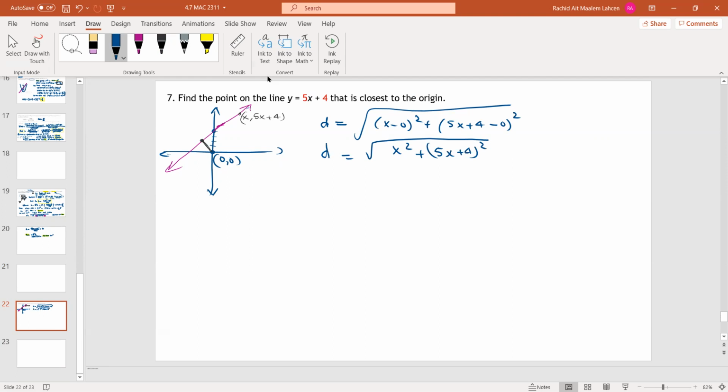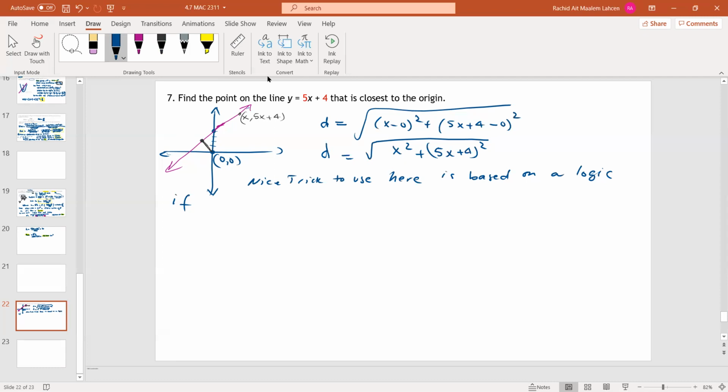One nice trick to use here is based on a logic that if the lowest number is what you're looking for, then its square is also going to be the lowest number.